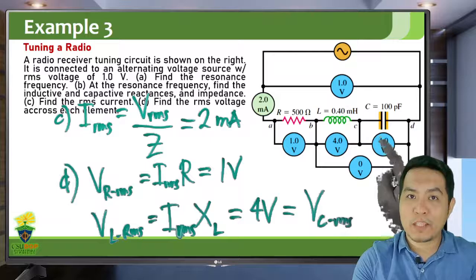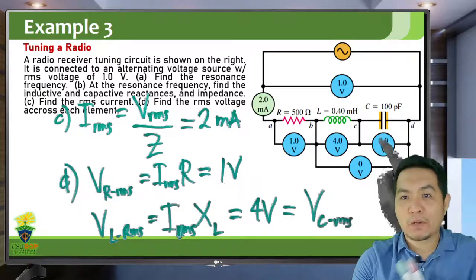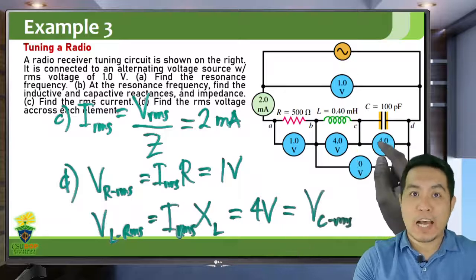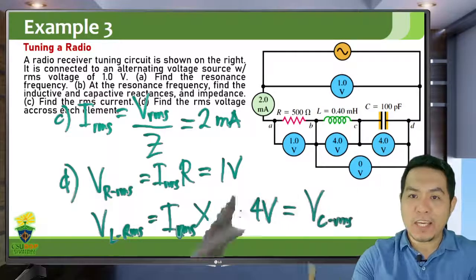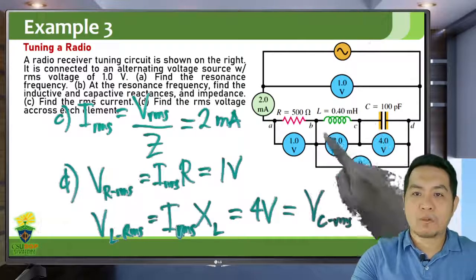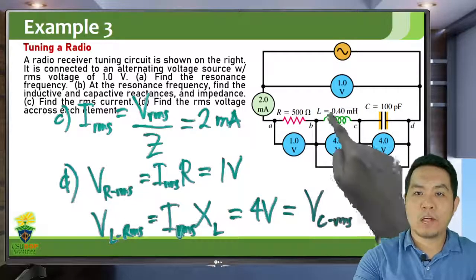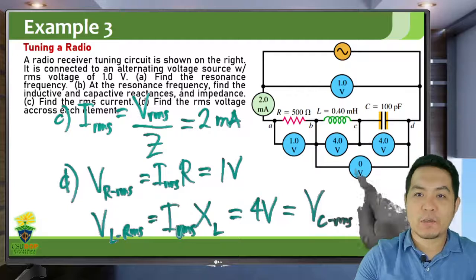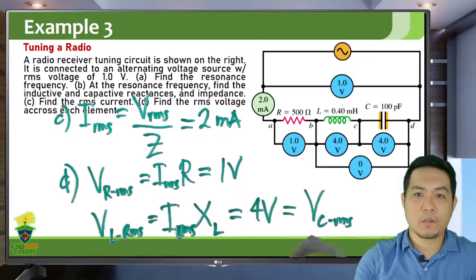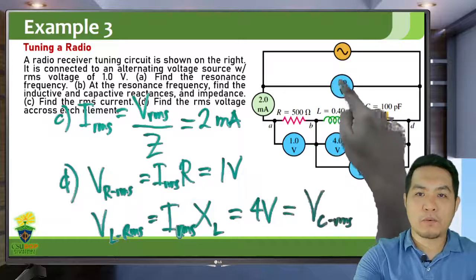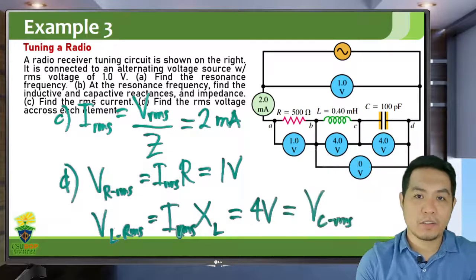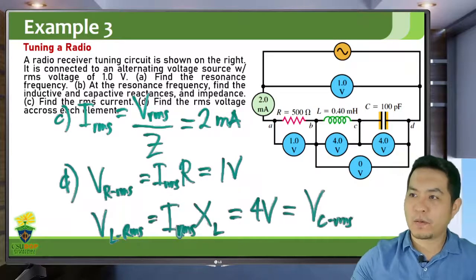When one voltage is positive 4 volts, the other is negative 4 volts. So at any given time, the total voltage drop across these two elements is 0 volts. So you will notice that the total 1 volt VRMS is just due to the resistor, 1 volt. Okay.